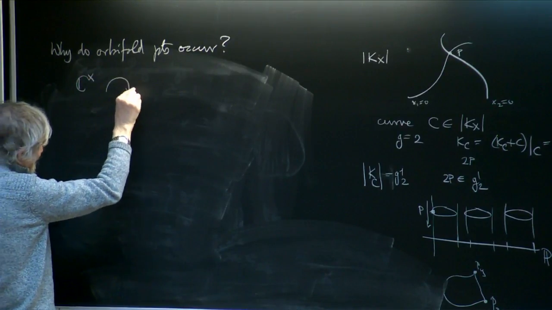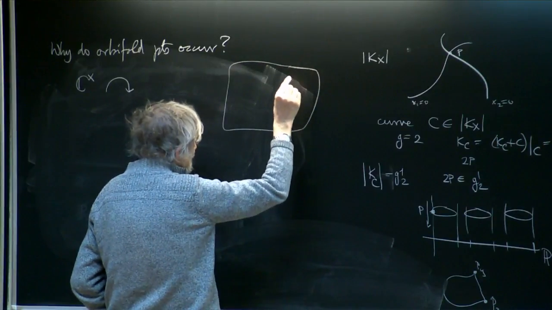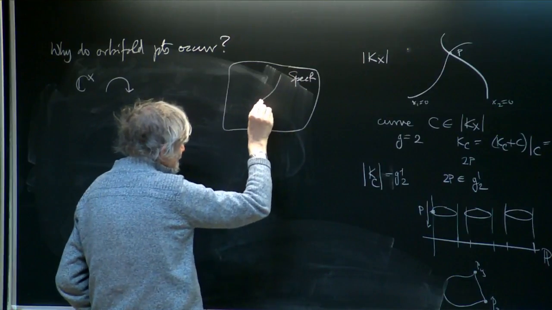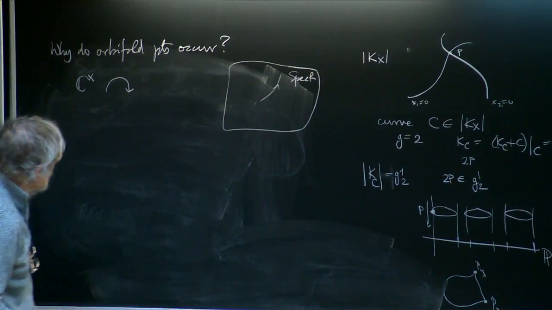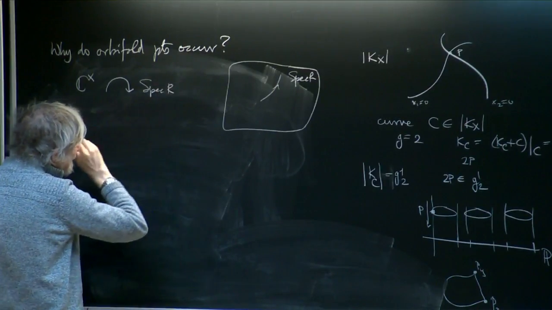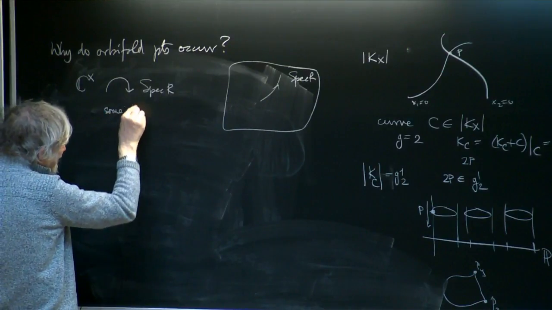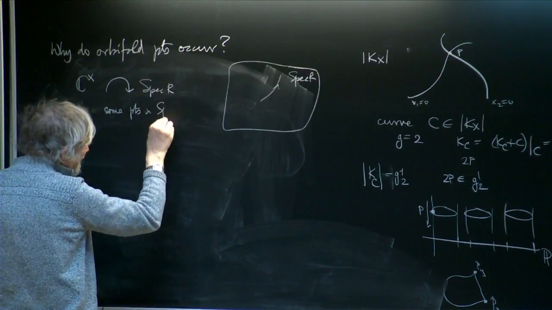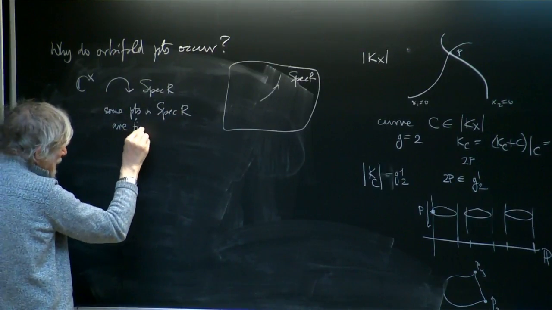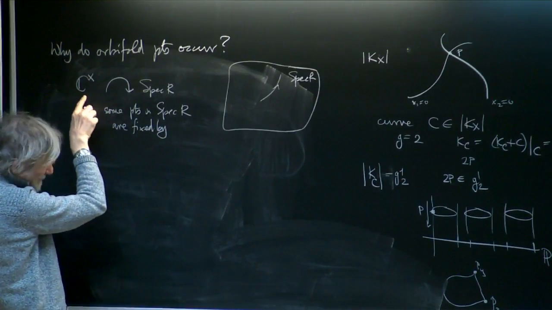So this is acting on spec R, sort of like this. So some points in spec R are fixed by a subgroup of C star.